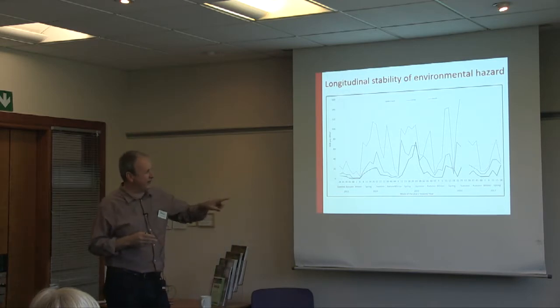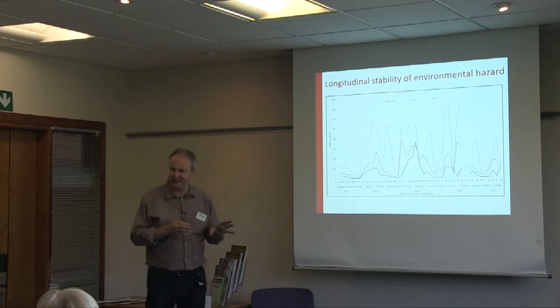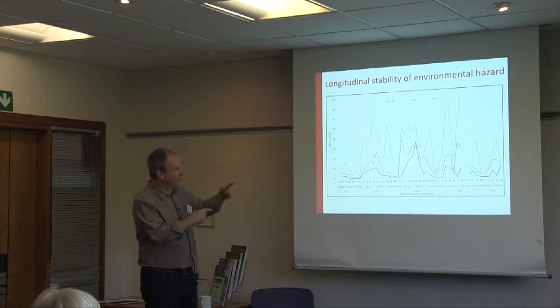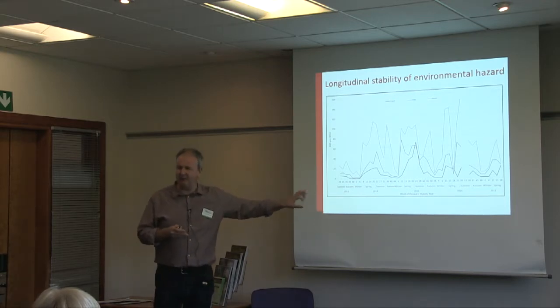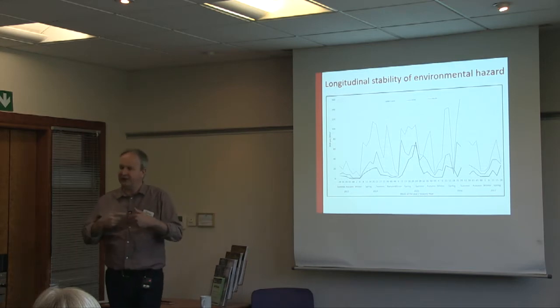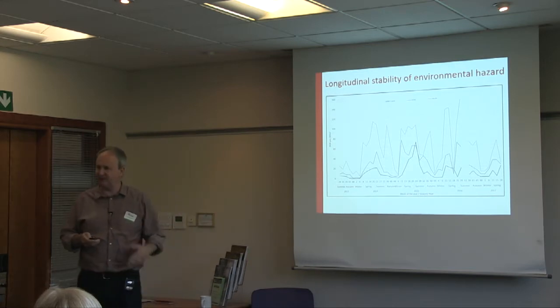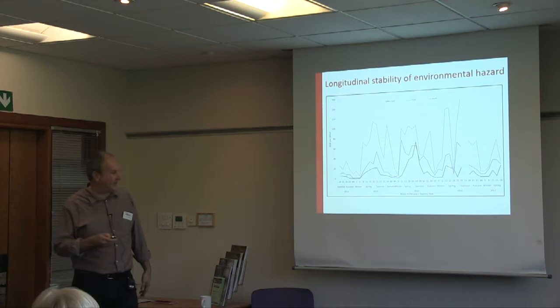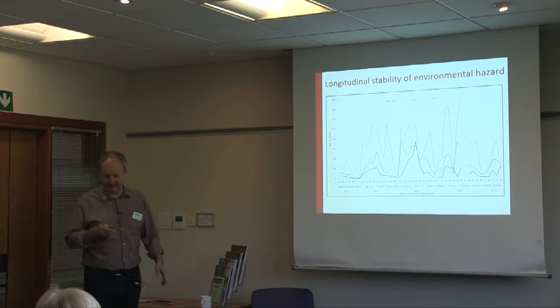So from our sites, we've got some general trends, but when we look at the data like this, we can't really pick anything out that's useful from a public health perspective for understanding that environmental hazard.